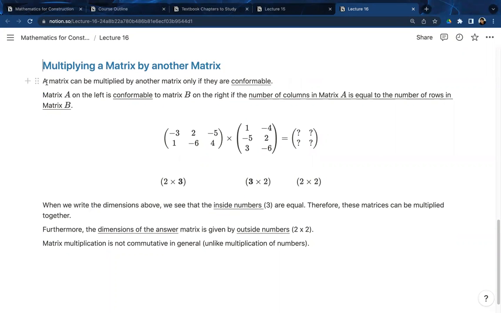So a matrix can be multiplied by another matrix if both of them are conformable. What's this conformable thing? So matrix A on the left here is conformable to matrix B on the right if the number of columns in matrix A is equal to the number of rows in matrix B. So let's look at the dimensions, right?